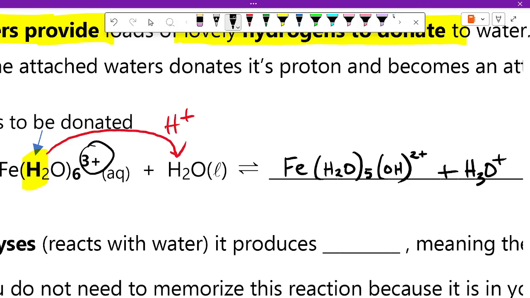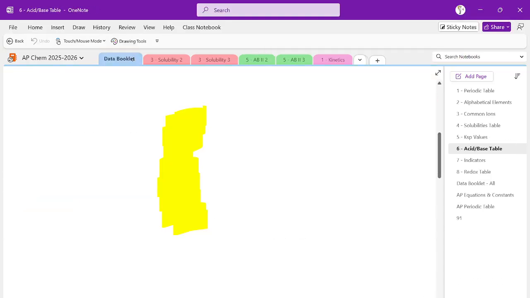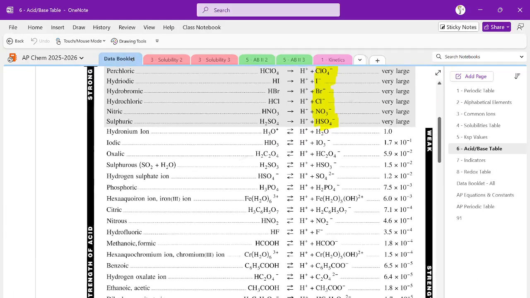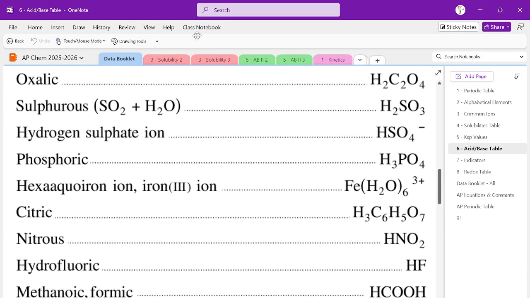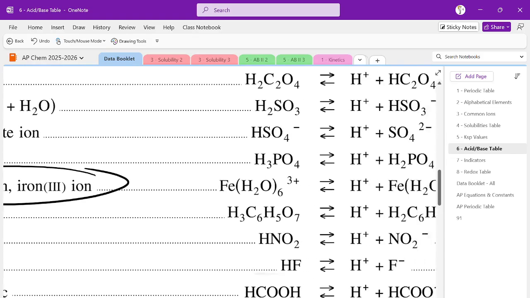Now, do you need to remember how to do that? Or is it on the table? Look. Hexa aquo iron. And look what it gives you.